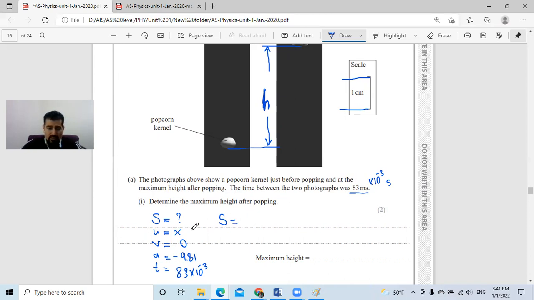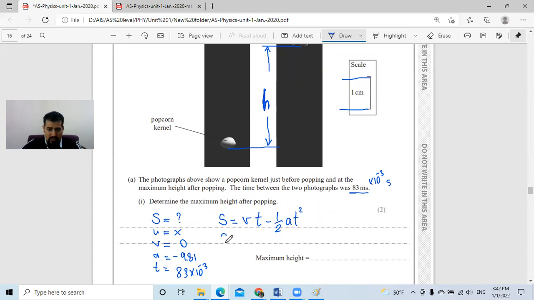They didn't ask about that in this situation, but you can measure it by ruler and compare it with the graph here. So s equals vt minus half at squared.